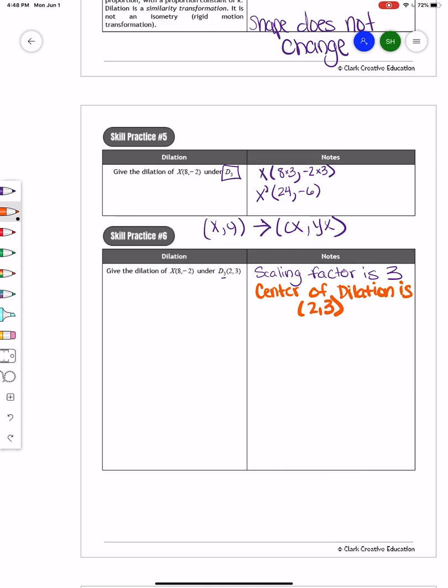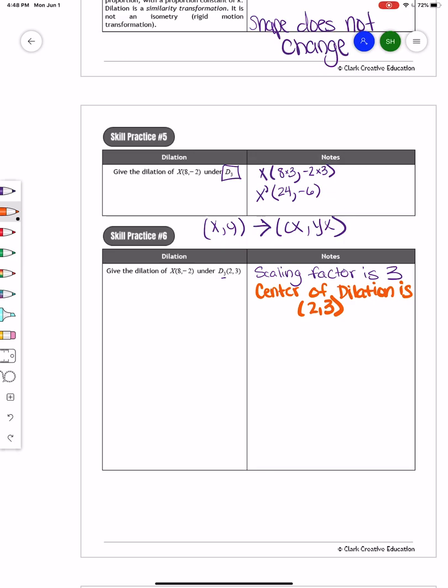So now you may say, what exactly does that have to do with anything, right? So you have to find the distance from the center of the dilation before you resize the image, okay?